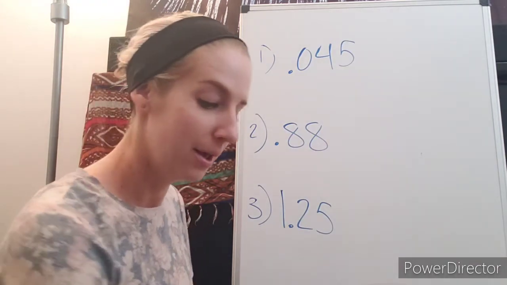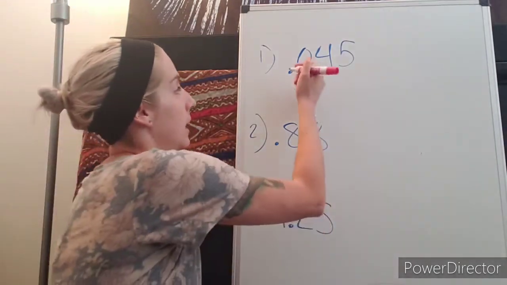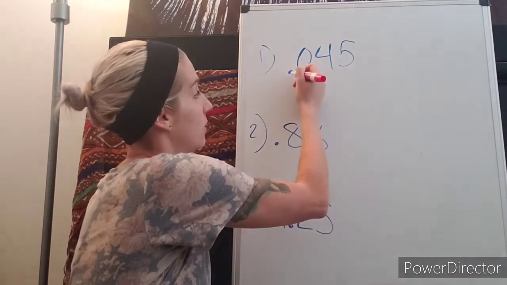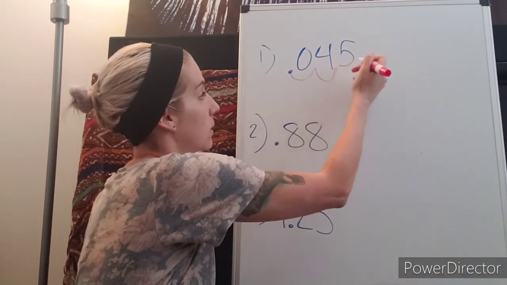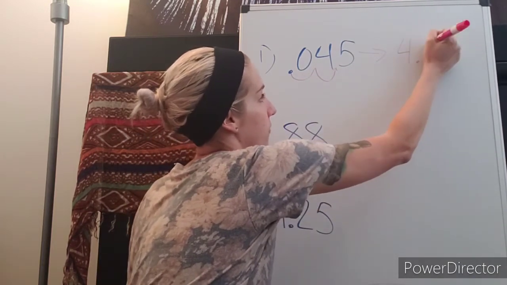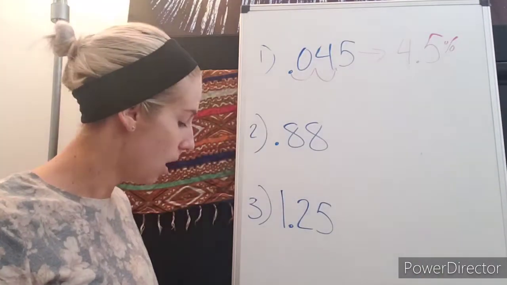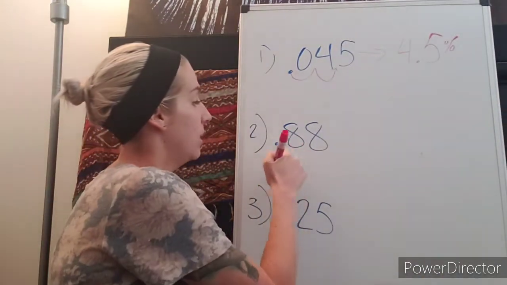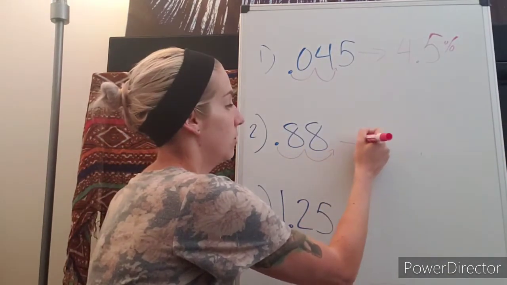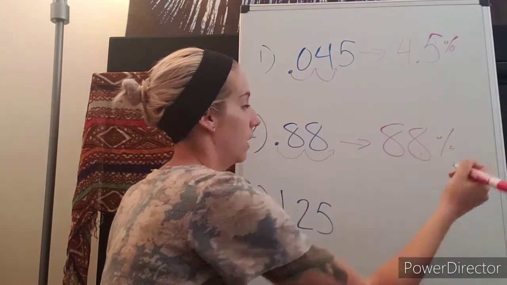Do it. All right, so for number 1, if I took 0.045 and multiplied it by 100, or if I just mentally moved my decimal, this would become 4.5%, okay? For number 2, 0.88 times 100, or if I mentally move this, this is going to become 88%, all right?